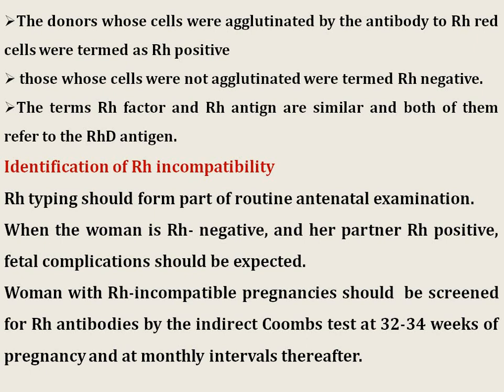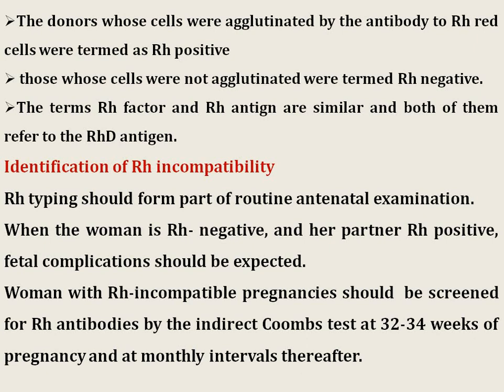Identification of Rh incompatibility. Rh typing should form part of the routine antenatal examination. When the woman is Rh negative and her partner is Rh positive, fetal complications should be expected.